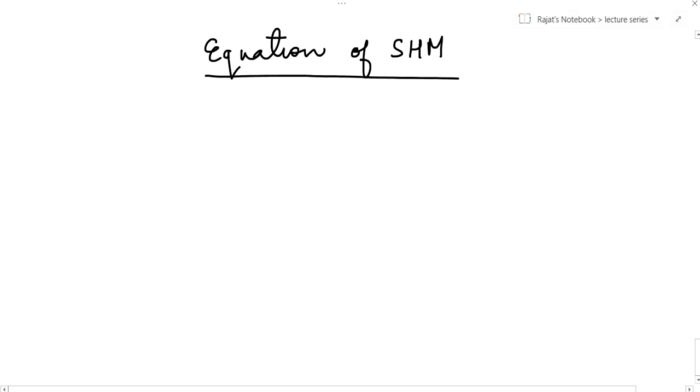As I've already told you, any motion is considered simple harmonic motion if the acceleration can be expressed as a linear function of minus x.